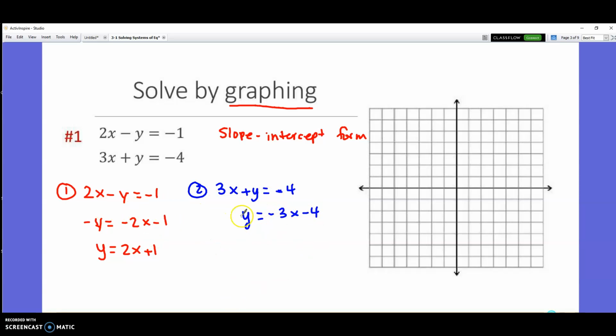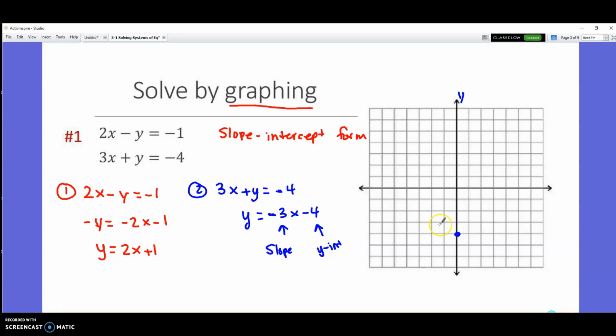Now if I graph this line, -3x minus 4, my slope is -3 and my y-intercept is -4. So here on my y-axis, I would go down to -4, plot my point, and then use my slope.